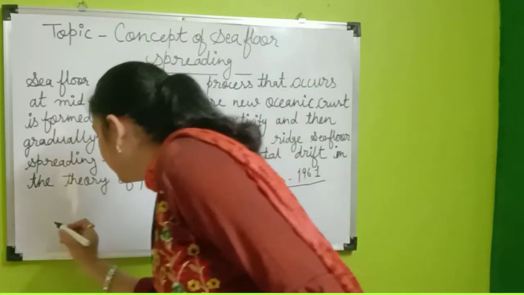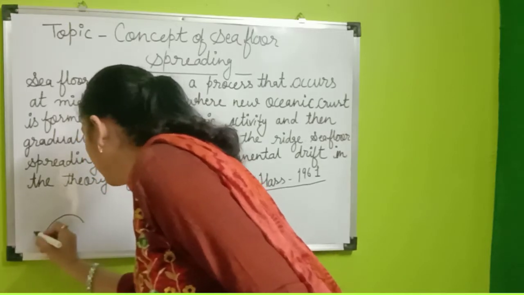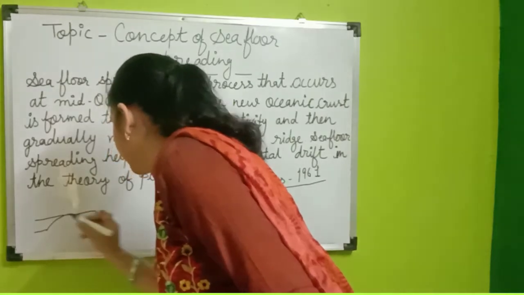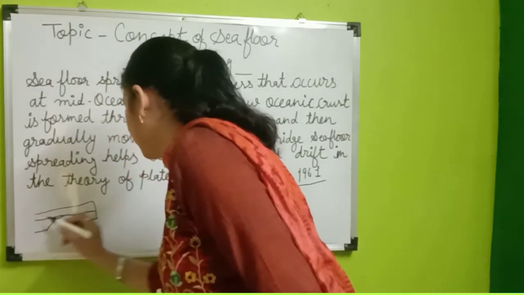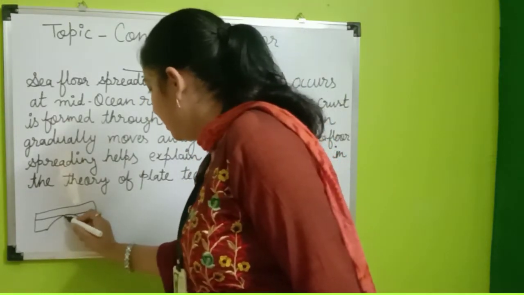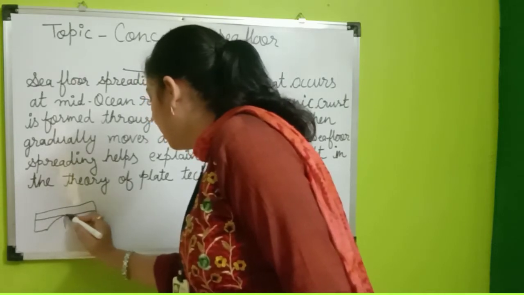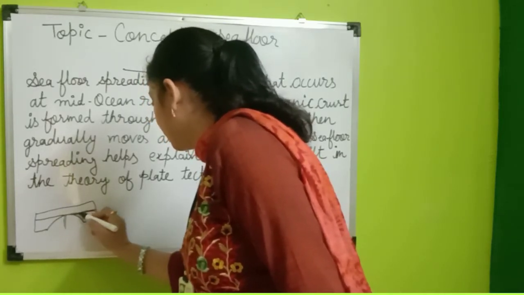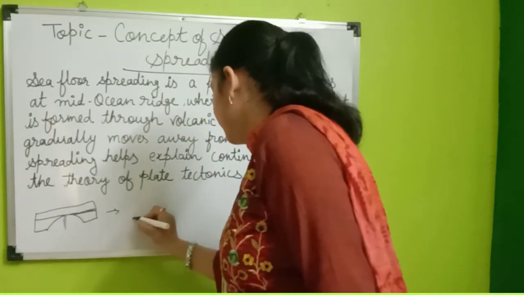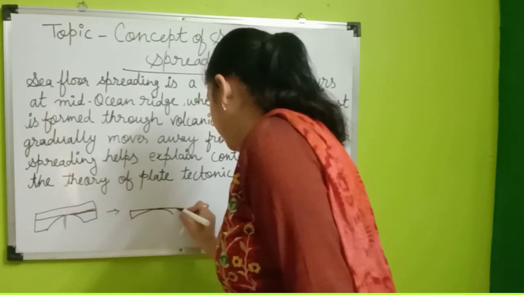If we see the theory in that way, this is the early theory according to Hess. Here it is the mantle and this is the seafloor. In the advanced one, it has spread more than this. It was like that.